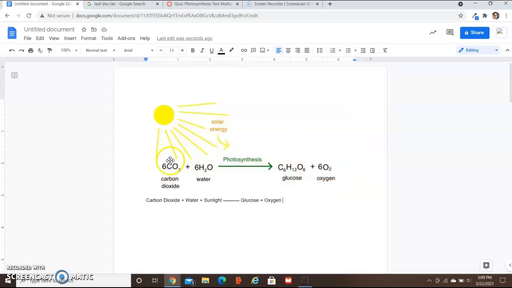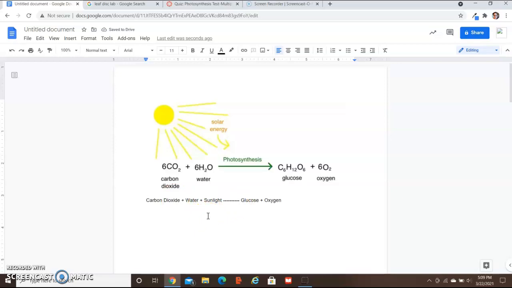We're taking the C's, the carbons, the O's, the oxygens, the hydrogens, and more oxygens. And over here, we also just have carbons, hydrogens, and oxygens. That's where all the matter is coming from.